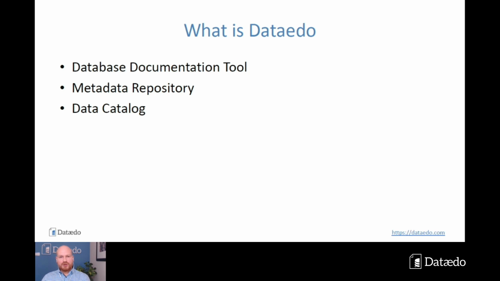We want to focus more on the community part of the functionality early next year, and I'll show you later on what the development plans are. Okay, so that is Dataedo.